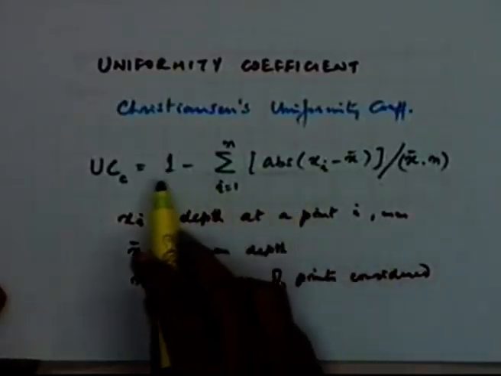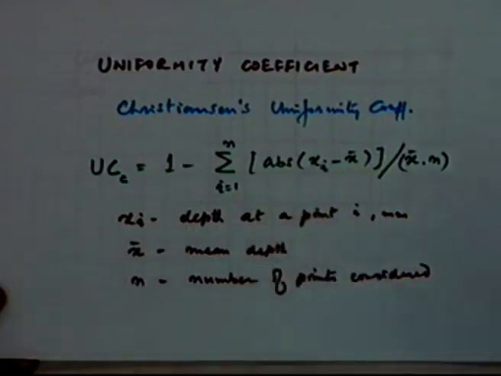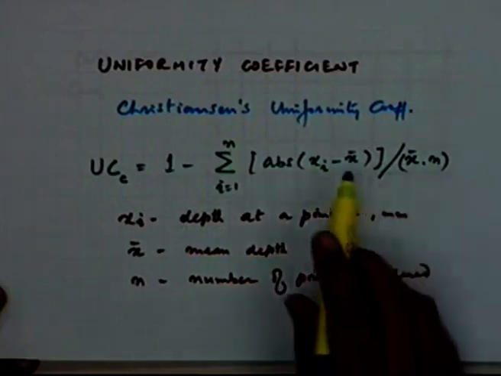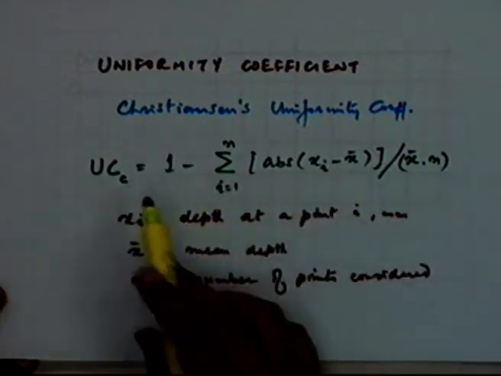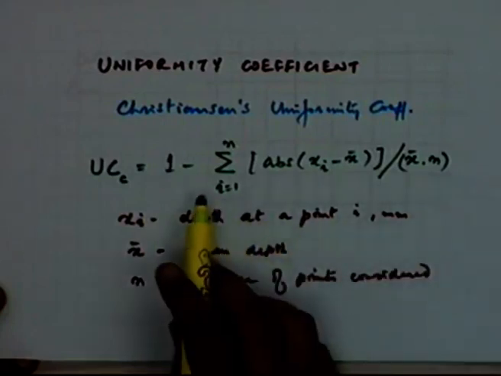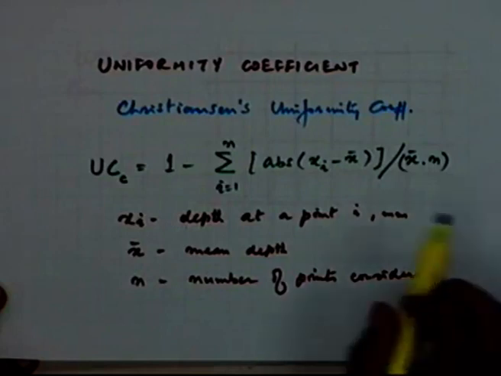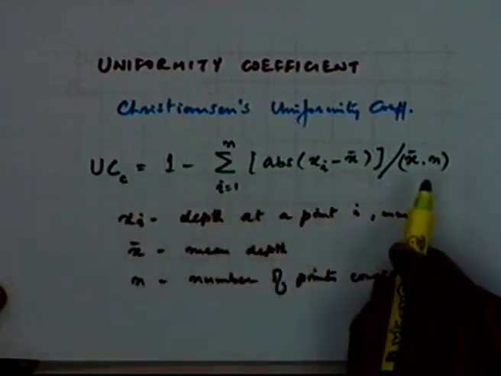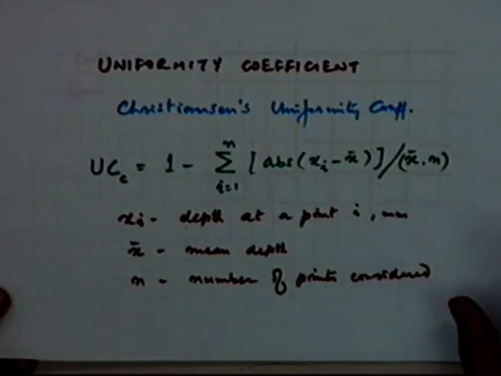this particular relationship is one where you are finding the deviation of each individual observation of depth from the mean, and then you are trying to find out the uniformity on the basis of that deviation. The higher the deviation, the lower will be the uniformity, which is quite understandable.